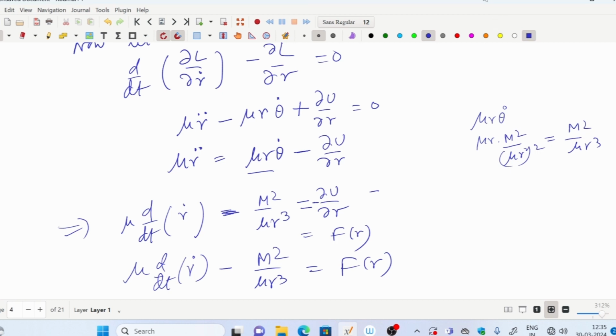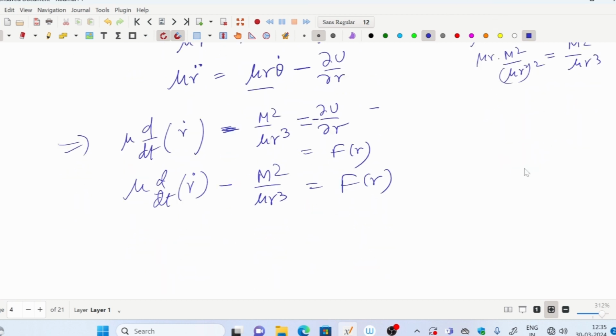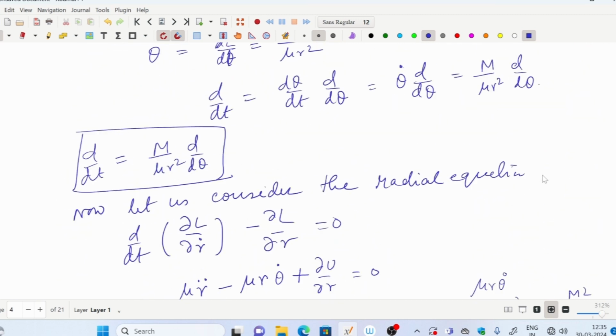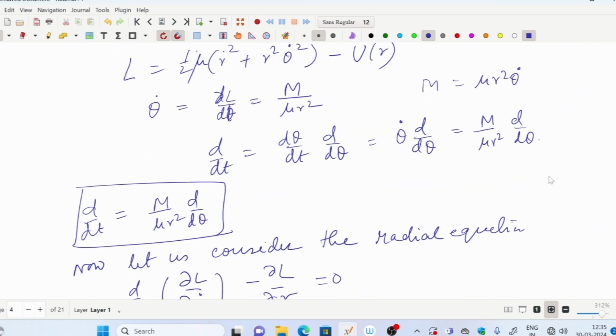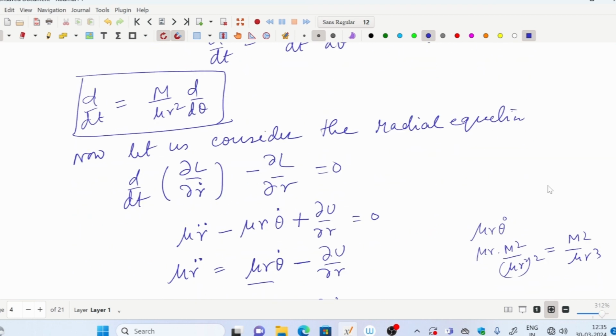Now to simplify this equation, we will substitute a new variable u equal to 1 over r. So du d theta will be minus 1 over r square dr d theta. We can substitute r dot, which is dr dt, as theta dot d d theta.